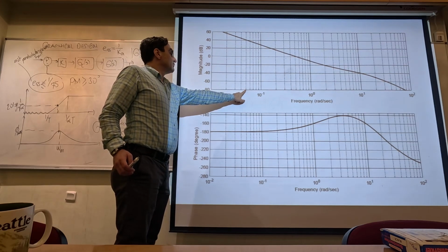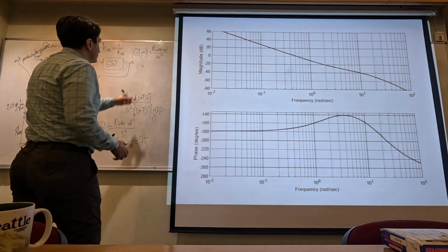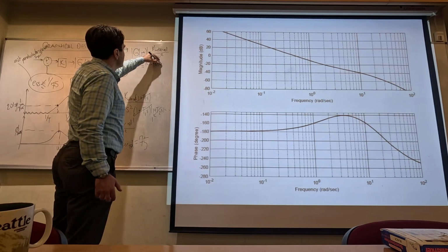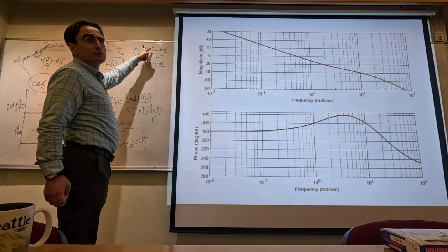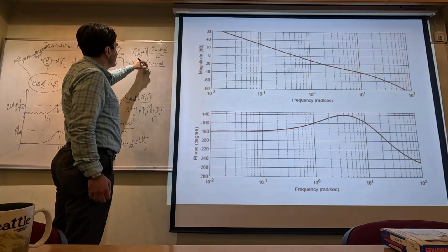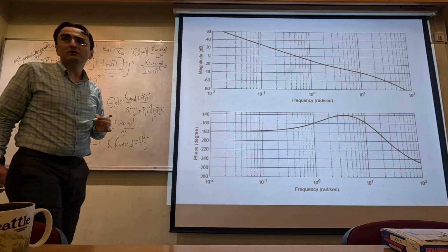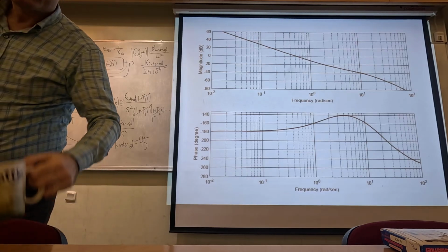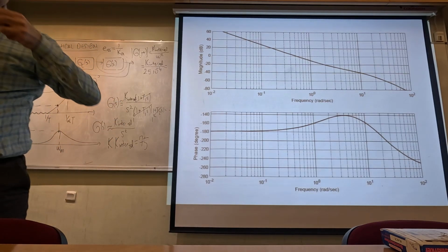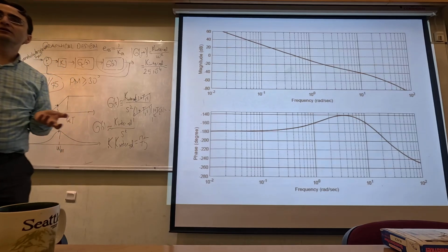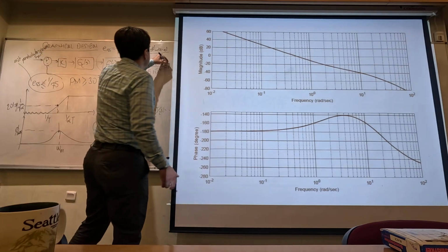5 times 10 to the minus 2. So if I look at this, K internal times 5 times 10 to the minus 2 squared, which is 25 times 10 to the minus 4, is equal to what? 100. It is 40 dB, and 40 dB is 100 in linear scale.